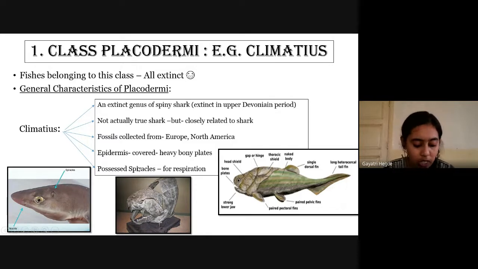Gill slits were not developed, as this Placodermi is a primitive class in Pisces. The fishes we see now are a little bit highly modified, and these are primitive. So they have spiracles for respiration. Spiracles look like this. For showing what a spiracle is I have included this photo, but this is definitely not a placodermi fish. Please note it down, this is not a placodermi fish.